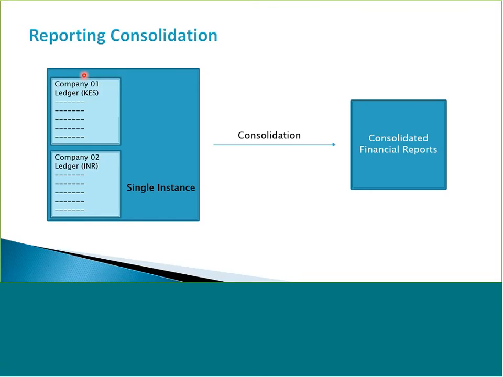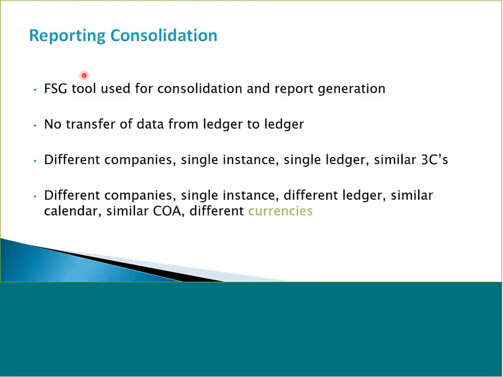They exist in a single installation of Oracle. So reporting consolidation also offers this feature where you can do the combined reporting across separate ledgers. But you will see that that comes with caveats, okay? So, and what are those?